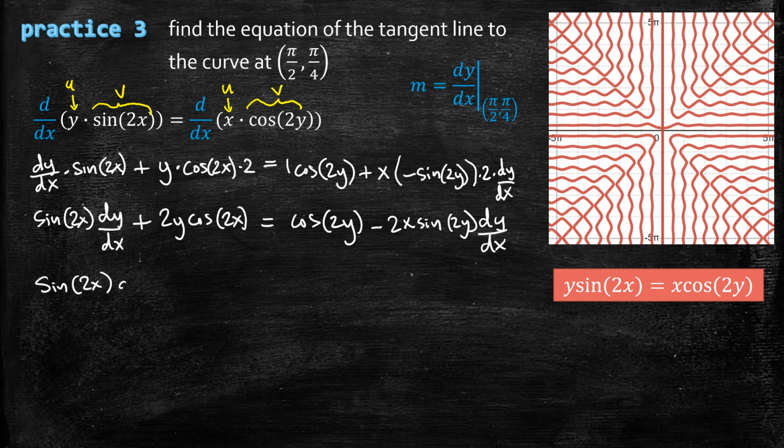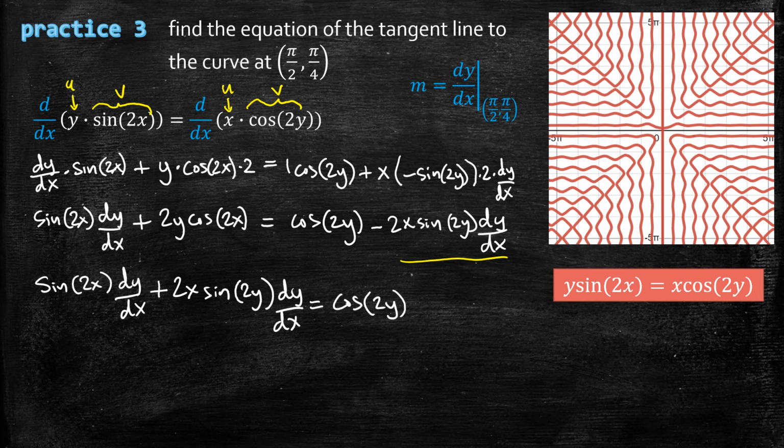So sine 2x dy by dx, and we'll bring this one to the other side, so it becomes plus 2x sine 2y dy by dx. And cosine 2y stays on the right, and we're going to bring this over, so it becomes minus 2y cosine 2x.